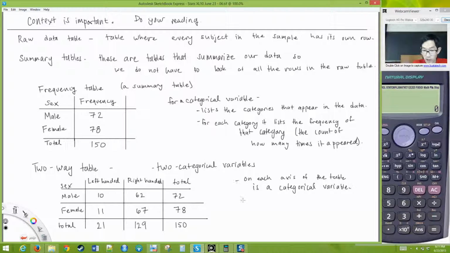In each cell is the count or frequency of people with those traits.